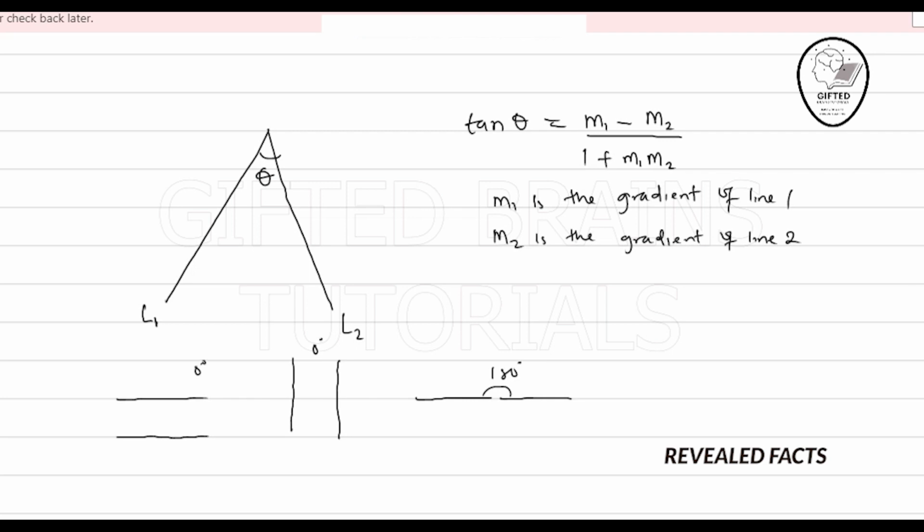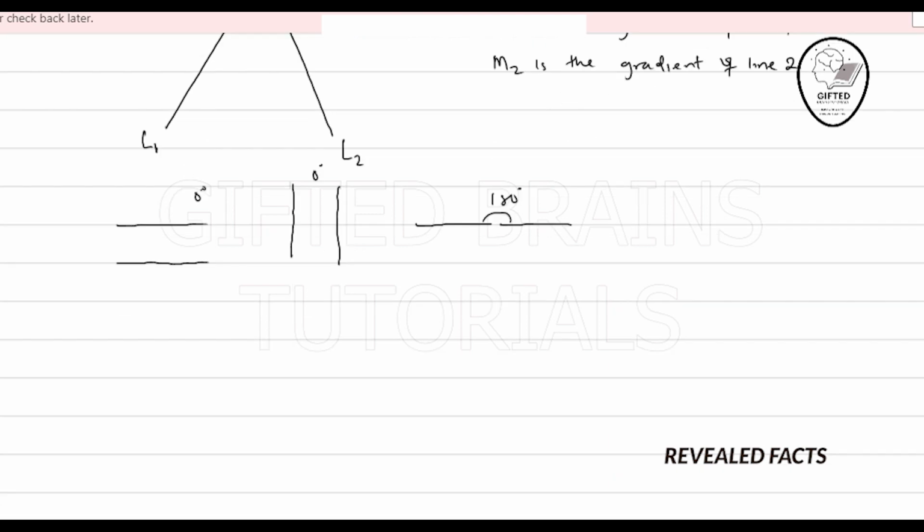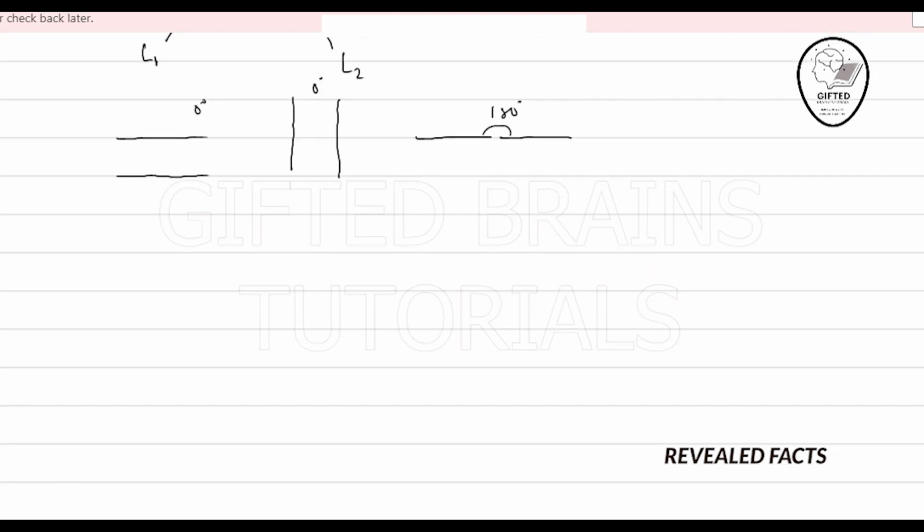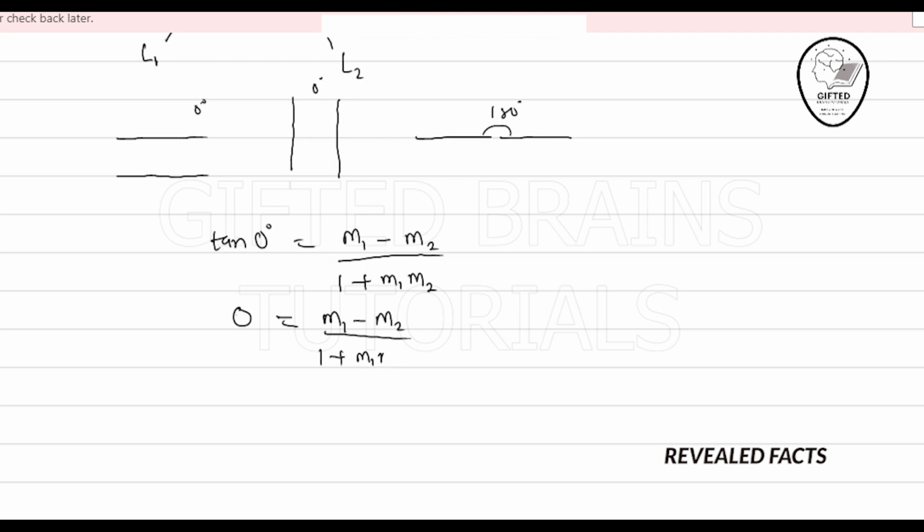Now, if two lines are parallel to one another, I can say that tan 0 degree is equal to m1 minus m2, where m1 is the gradient of the first line and m2 is the gradient of the second line, all over 1 plus m1 m2. But recall that tan 0 degree is equal to 0, so this will give me 0 equals m1 minus m2 all over 1 plus m1 m2.